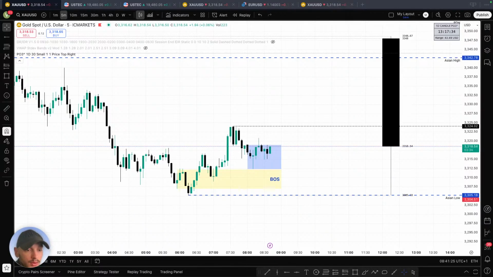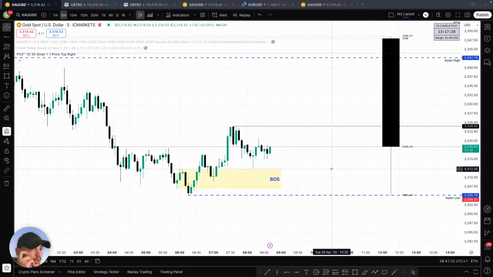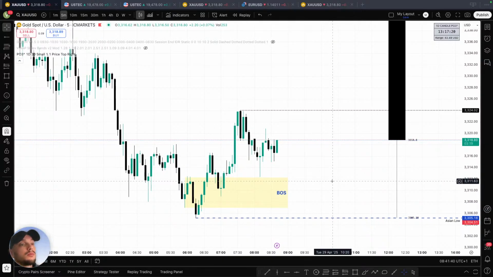How do you know if you're going to use the 5-minute ARP or the 15-minute ARP? Again, this comes with a lot of backtesting, and I advise you, if you're gonna use the ARP, just start doing backtests and make your own checklist of what is working and what is not.